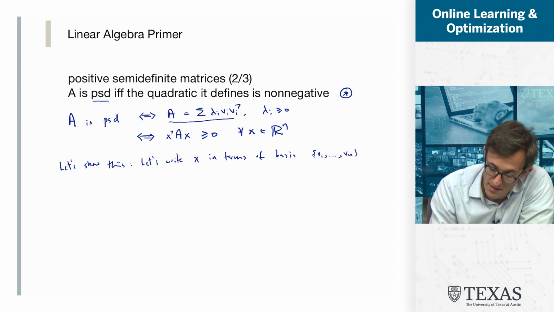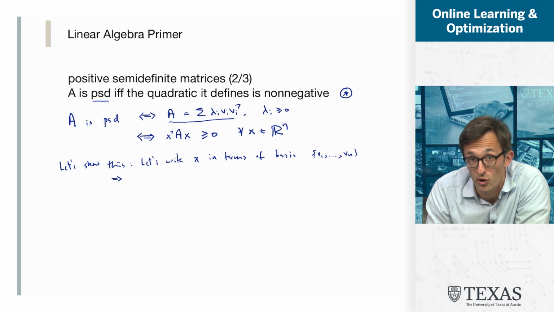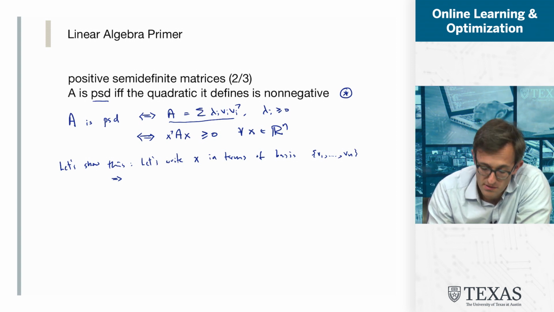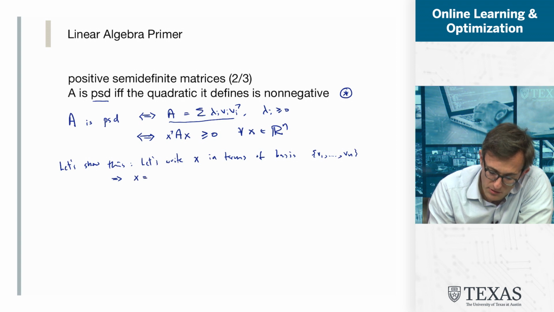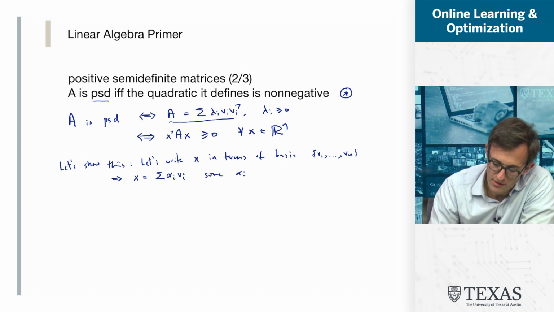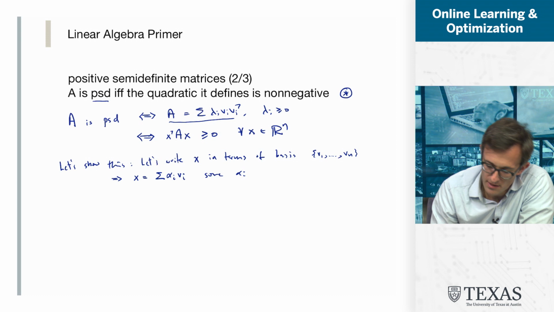What does that mean? It means x is in there somewhere, so x is equal to, for some choice of constants, which I'll call alpha i to keep it generic, the sum of alpha i vi.